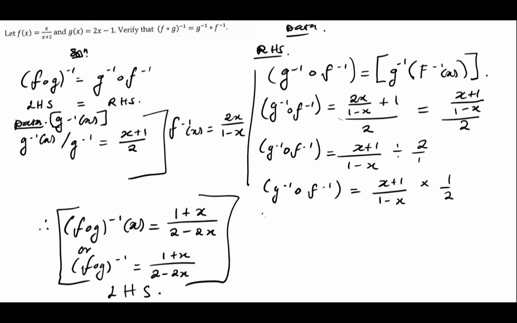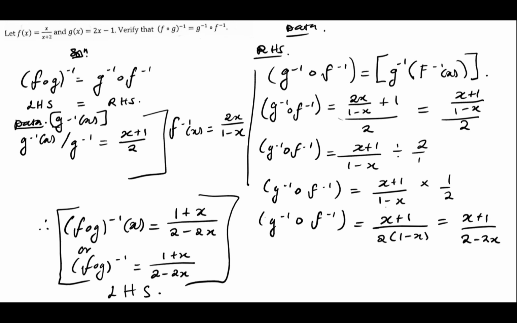So this is g inverse of f inverse of x, or you can just write it like that, which is equivalent to x plus 1 over 2 multiplied by each entity, which is x plus 1 over 2 minus 2x. Now this is the value, so I could say my g inverse of f inverse is equal to x plus 1 over 2 minus 2x.